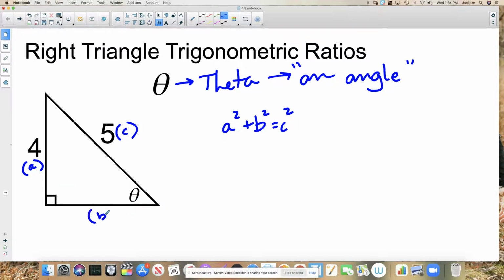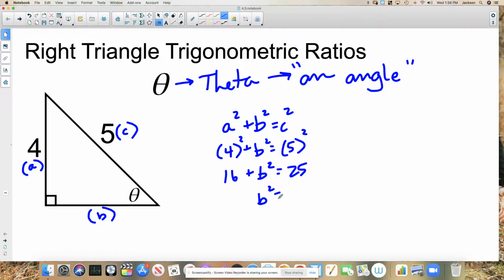And then we could call this side b, just for an example. Reviewing the Pythagorean theorem briefly, if we said this is 4, then 4 squared plus b squared equals c squared, and we solved for b, we'd have b squared equals 9 and b equals 3. So we know that this side length down here is 3.